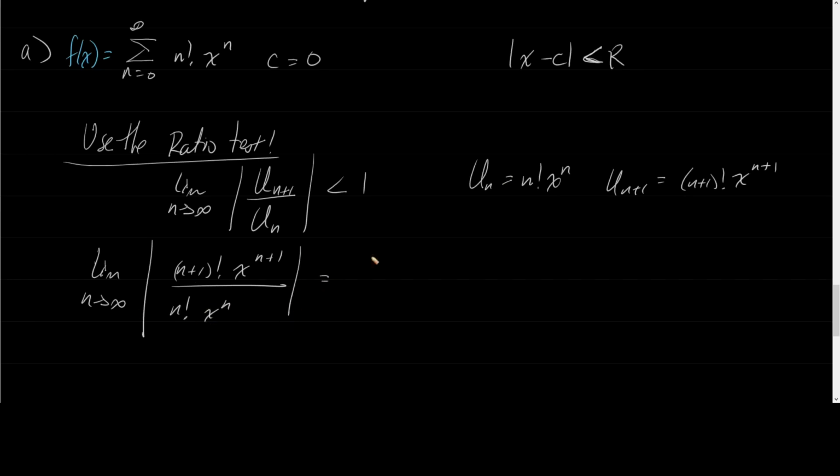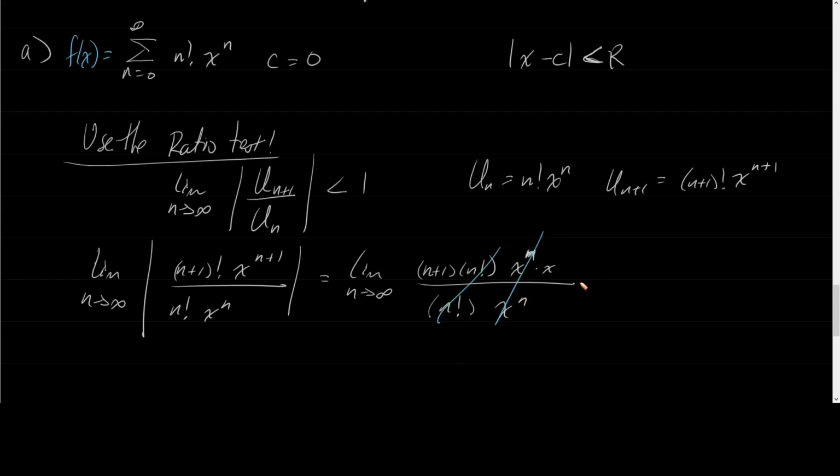We can rewrite this: n plus 1 factorial is n plus 1 times n factorial, and x to the n plus 1 is x to the n times x. You see that a couple of things cancel out, the n factorials and the x to the n.